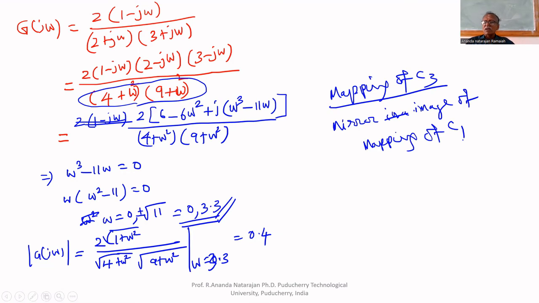After drawing the polar plot, draw the mirror image of that plot, you will get the Nyquist plot, unless there is an S term in the denominator. If it is there, small change is there, you will get one more segment that we will see in the next sum.